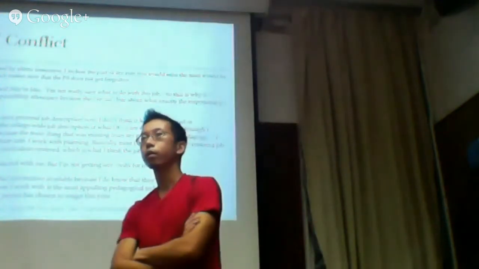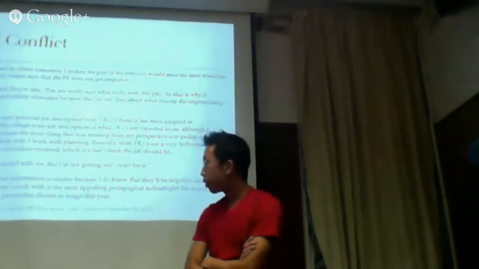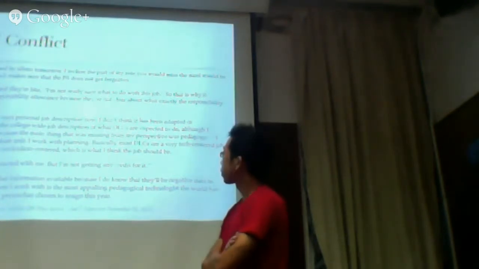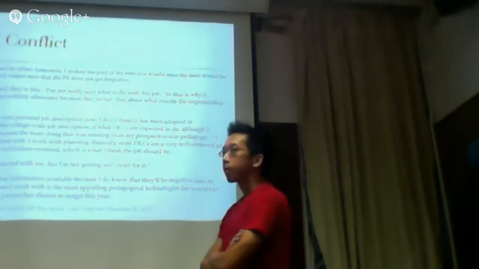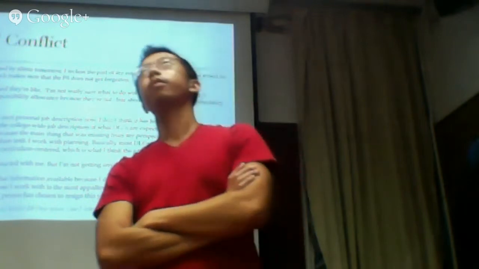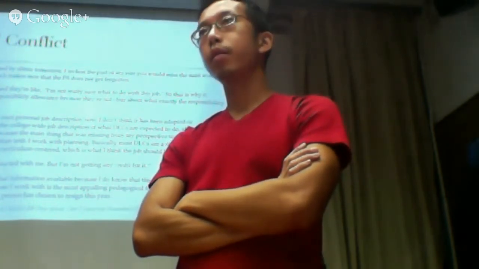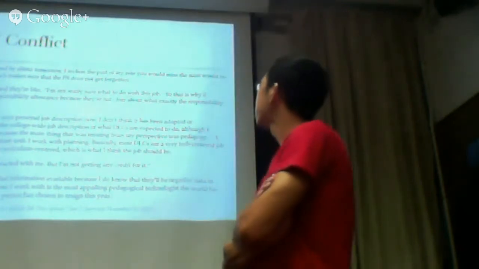Maybe the admin staff might not want to be trained. It could be the same conflict, but it could play out with different parties in different ways. Yes, agreed. So you might want to capture that.